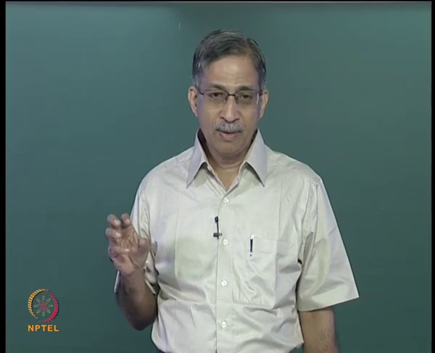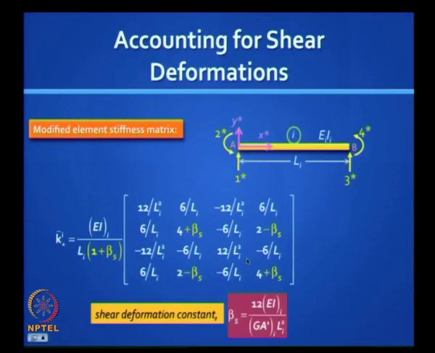You will find that you have to modify your element stiffness matrix by including a quantity where you have a ratio of the flexural rigidity to the shear rigidity. Now that is called a shear deformation constant, beta s. So you have EI and you have GA dash.